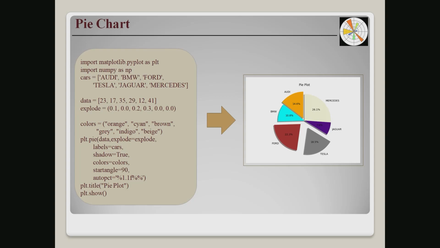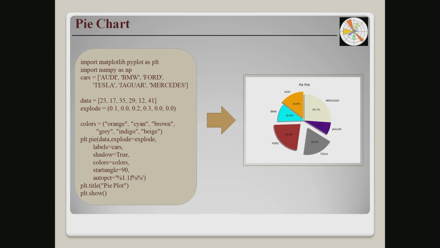Then shadow. If you give shadow true, you can see each slice giving some shadow. Then start angle is nothing but the first slice of the chart will start from the right angle, that is 90 degrees, from 90 degrees it will start.